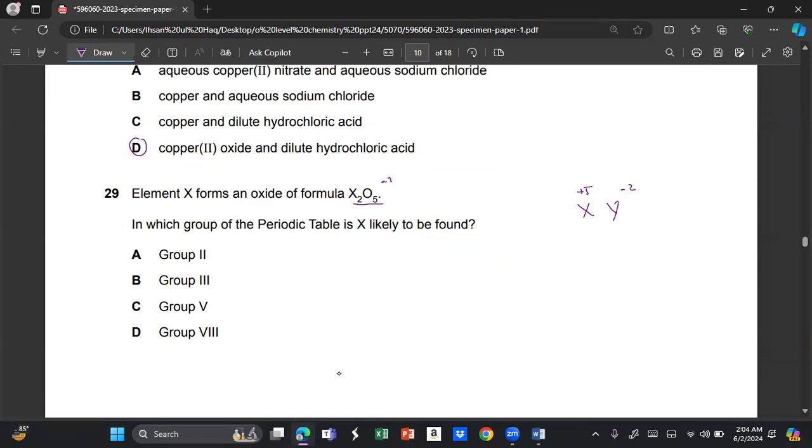X belongs to group 5 because its oxidation state is positive 5. Group 5 is normally -3, but in some compounds, like covalent compounds, it may have positive 5, just like oxygen is usually -2, sometimes it has +6 as well. So, in which group of the periodic table is X likely to be found? Group 2, no. Group 3, no. Group 5, yes, it is.